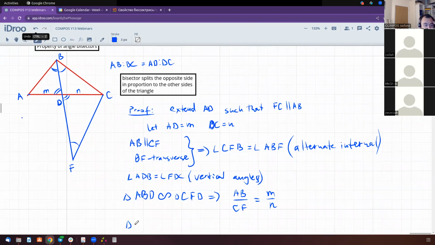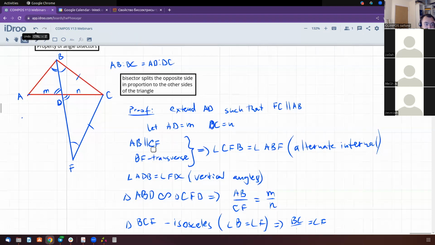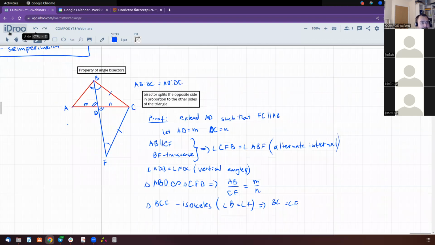But triangle BCF is isosceles, because the angles are the same, angle B is equal to angle F. That means BC is equal to CF. All right, so we're getting somewhere.